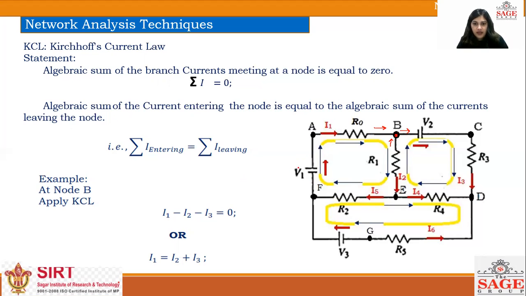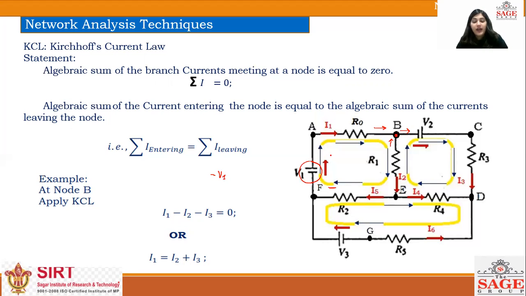Suppose there is a battery here and we will start in a clockwise direction. So we will always consider, for an element, the sign which comes first. So here at this V1, negative sign is coming. So we will write negative, then we will write V1.